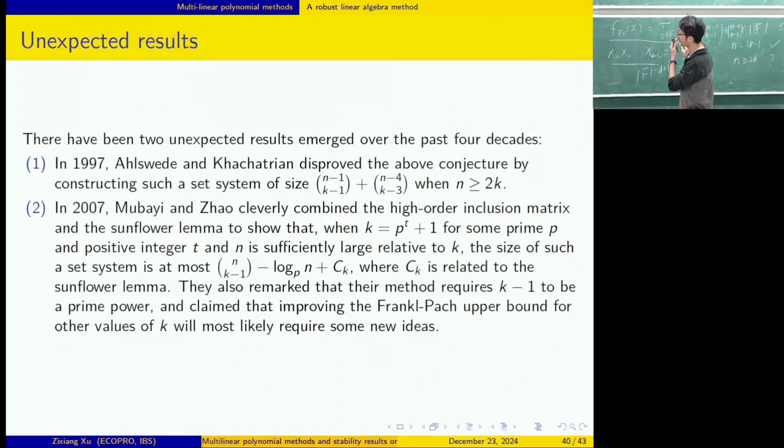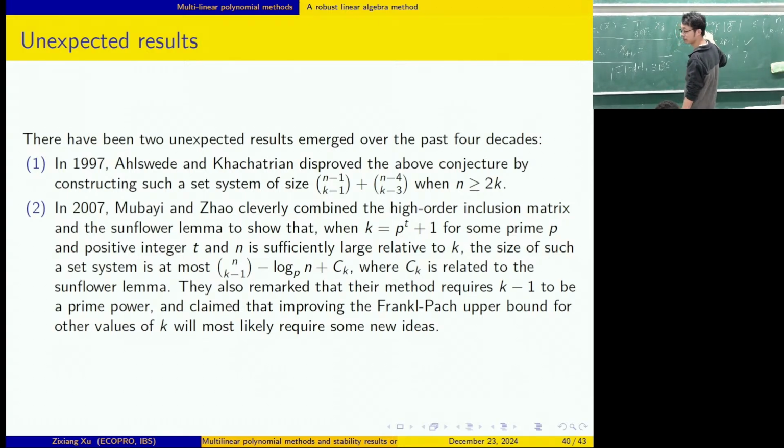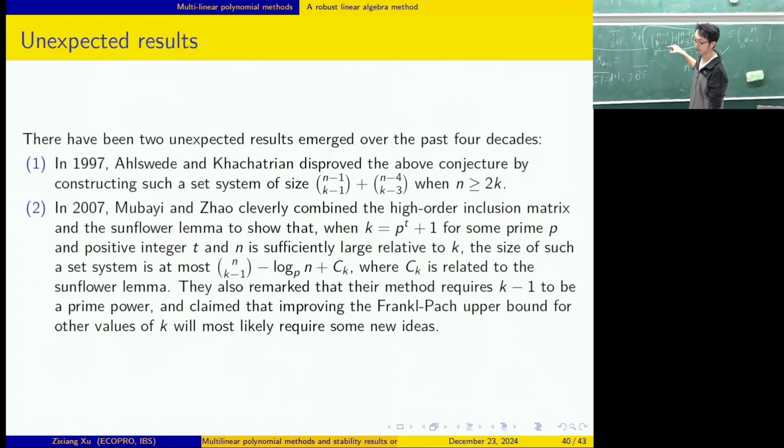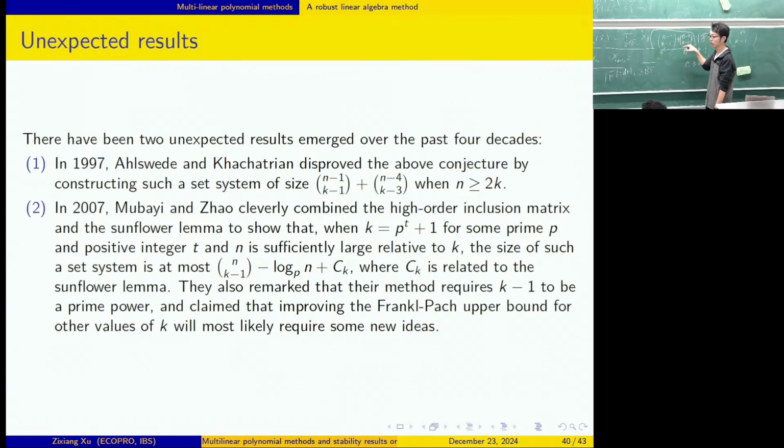And actually, there are infinitely many non-isomorphic configurations attaining this lower bound. So lots of people believed that the lower bound was sharp.